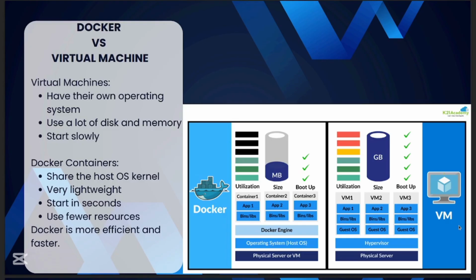Docker is more efficient and faster. Docker containers are lighter, start very fast, and use less memory. You can see here the difference between Docker and a virtual machine.